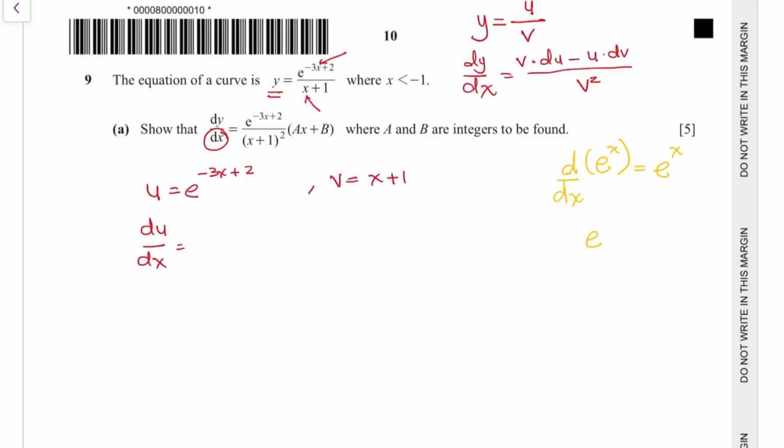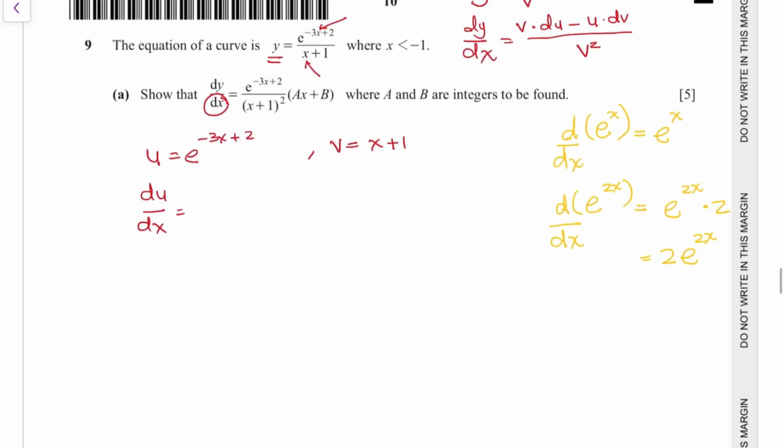You have e to the power of 2x and you want to differentiate this with respect to x. What will happen? You will have e to the power of 2x multiplied with the derivative of your power, which is 2. Or I can rewrite this as 2e to the 2x.